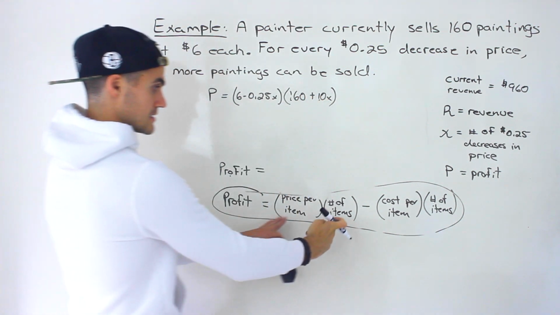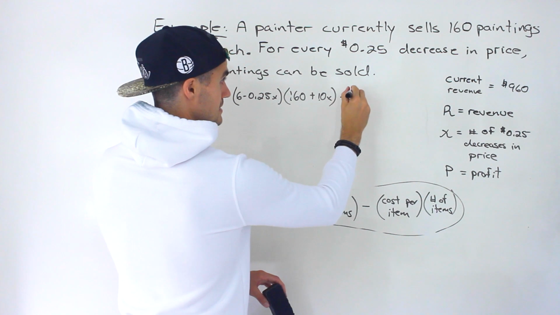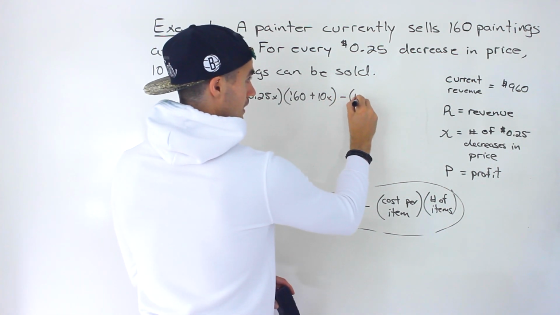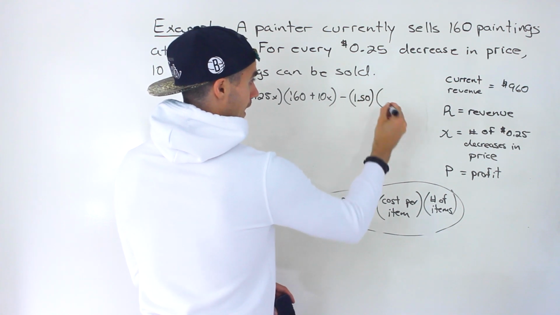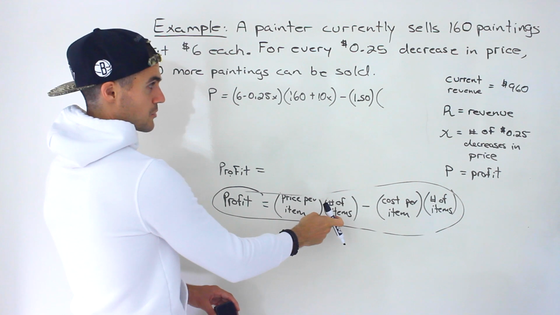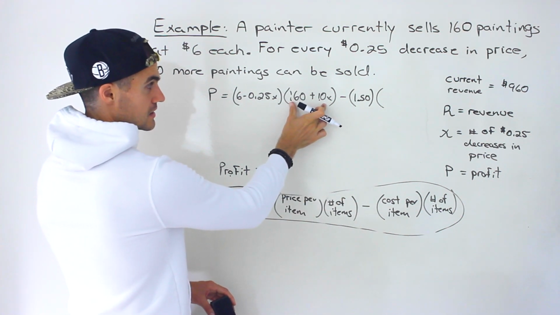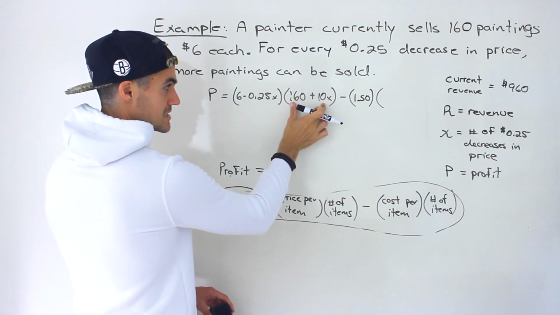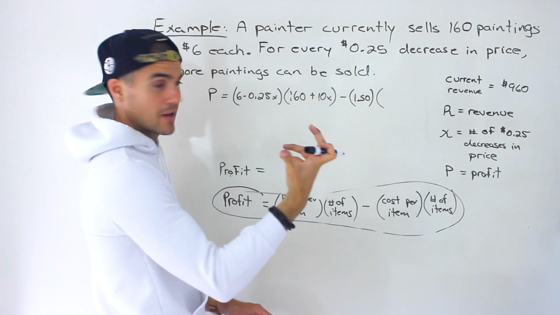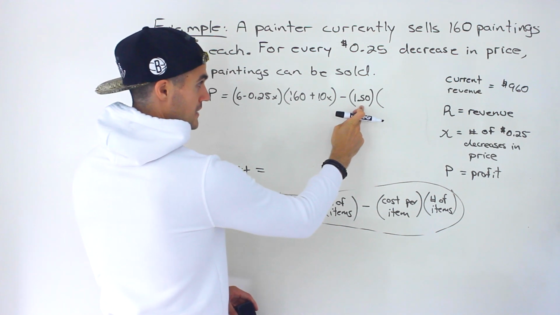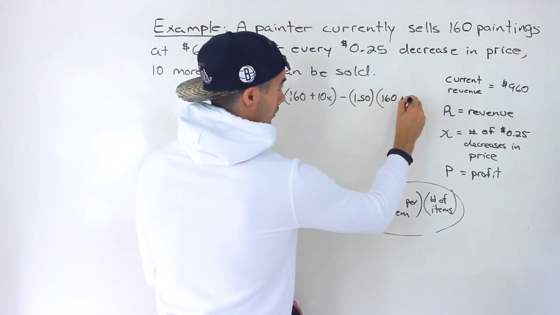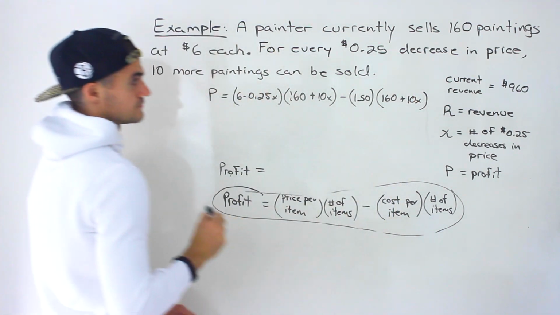That's the revenue, that's these two brackets, minus what's the cost going to be? The cost per painting is going to be 1.50. And then the number of paintings, well, it's going to be the same as this bracket. This is the quantity bracket. So if we're selling this many paintings, we're going to also have a cost for that many paintings, right? And the cost per painting is 1.50, so we multiply it by that value right there.